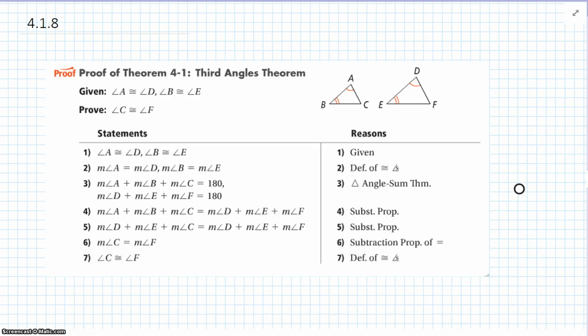We have what we're given, the definition of congruent angles. We know the measures of the angles equal 180. That's the triangle angle sum theorem. Then we use substitution, and then we get the measure of angle C is equal to the measure of angle F. So we prove angles C and F are congruent.